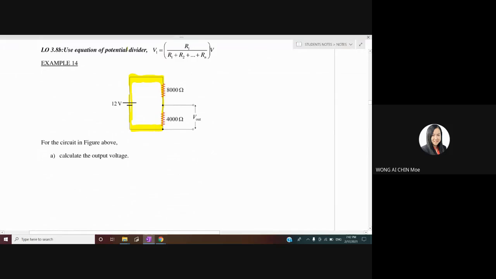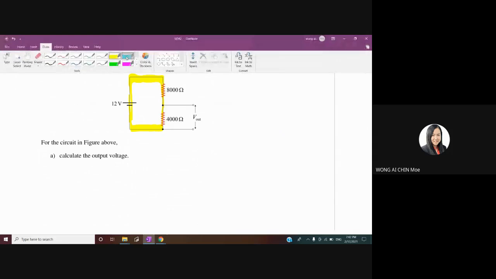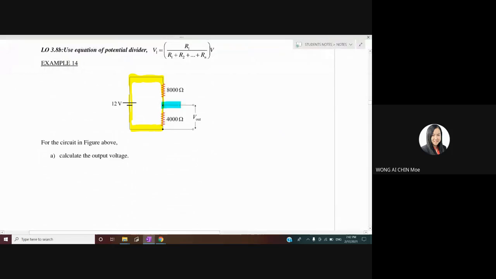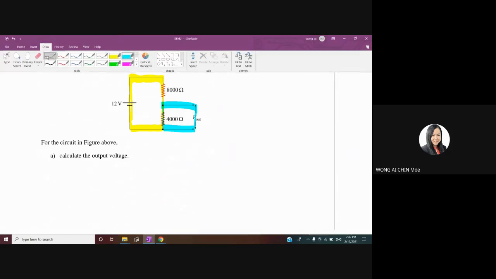If, let's say, you want to find V output from the 4,000 ohm, so this is another small loop. So we have big and small. Calculate the output of the voltage. For this case, it's very easy.